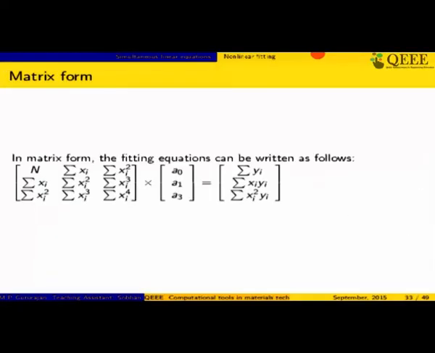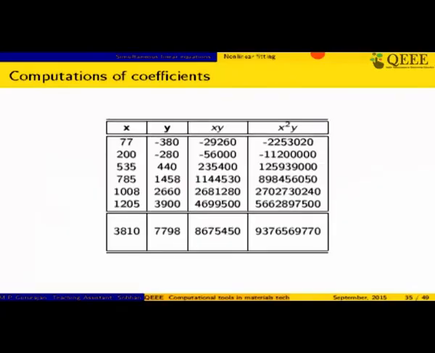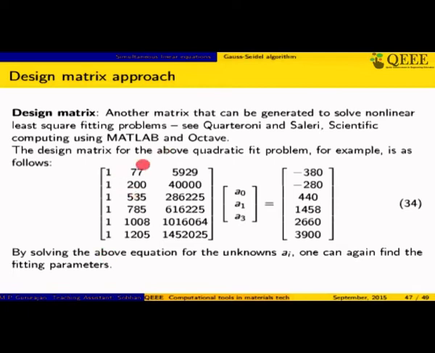Okay. So that design matrix is what is shown here symbolically. I have 1, I have 77, 200, 535, etc., up to 1205. I have the T squared value, which is basically the square of this. And if I multiply that with A0, A1, A2, then I'll get this right-hand side value. So if I have n data points, then I can make n equations, but the unknowns are only 3.